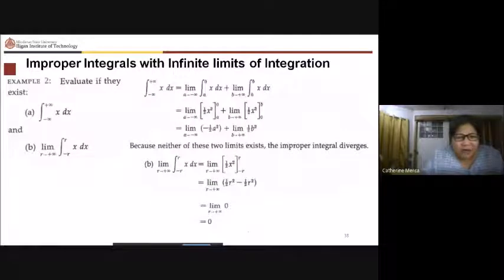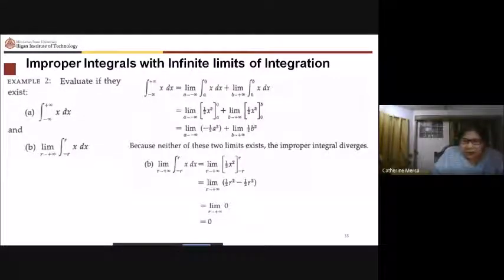On the other hand, if you have the integral from negative infinity to positive infinity of x dx, then what do you do? You consider this: the limit as a approaches negative infinity of the integral from a to 0 of x dx, plus the limit as b approaches positive infinity of the integral from 0 to b of x dx.